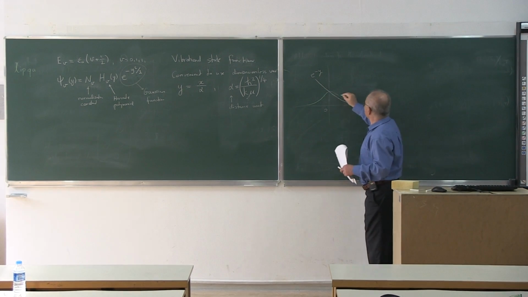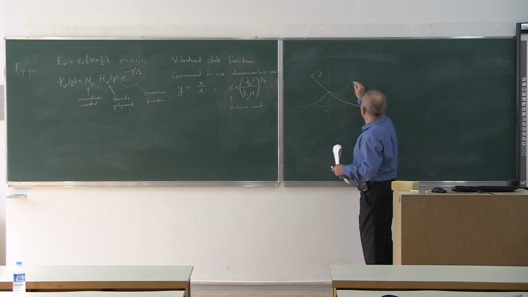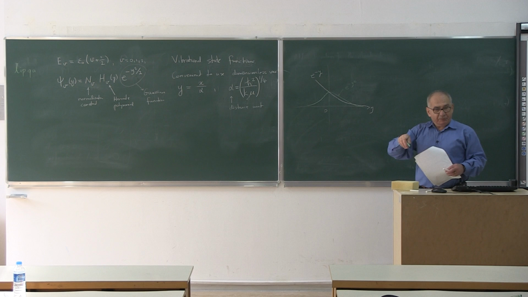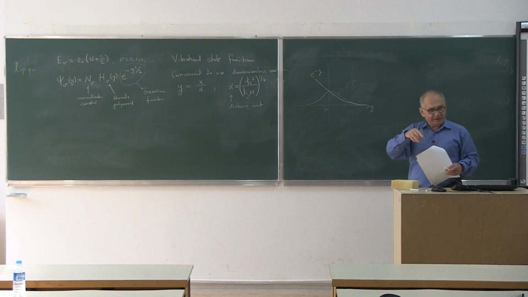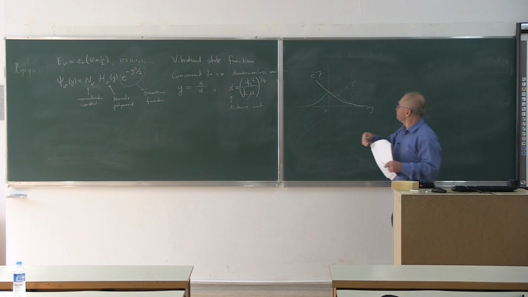This is e to the minus y squared. So a Gaussian function, therefore, is a function very different from the exponential function.